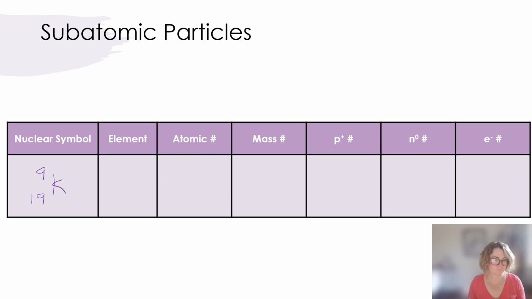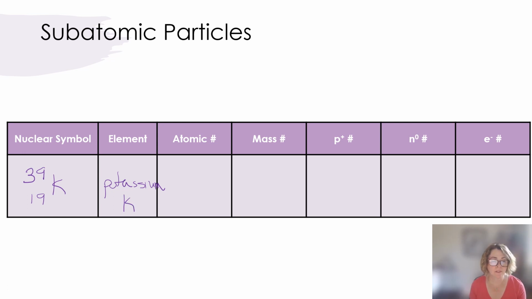Okay, so that is a 39 as your superscript and a 19 as your subscript. Now if you take a look at your periodic table, this element is potassium. And again, I apologize for my handwriting, potassium has the symbol K.